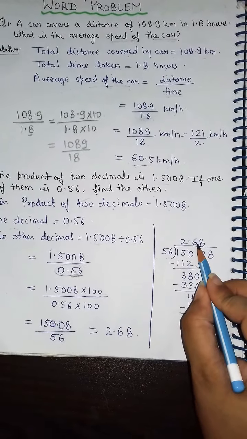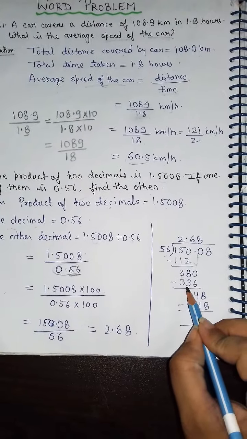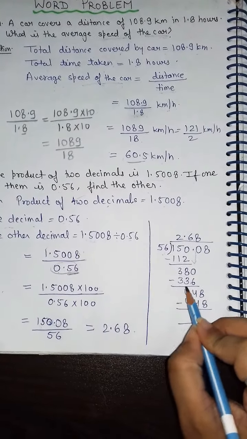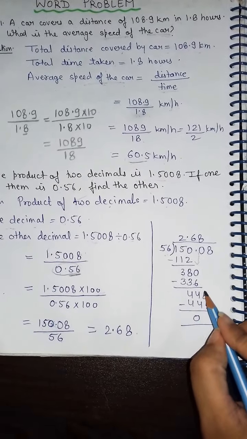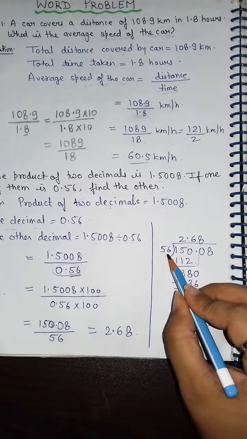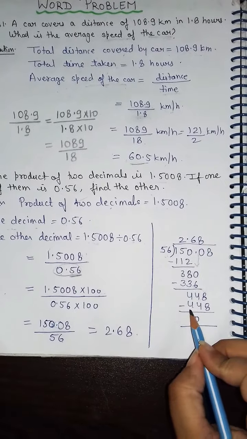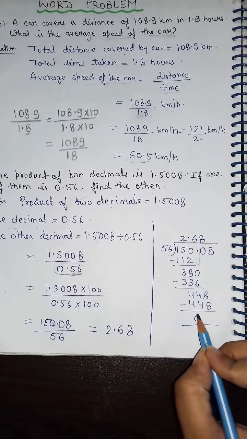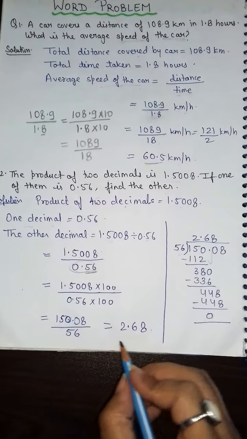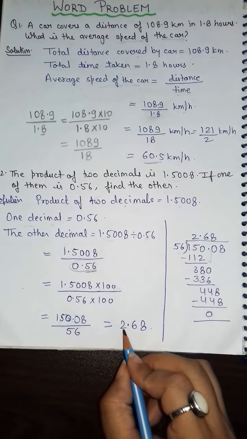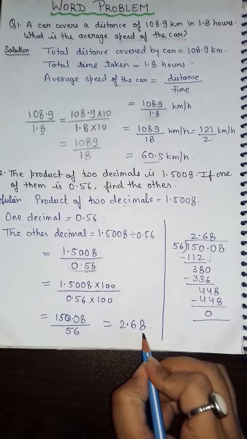Now 56 6s are 336. Subtract. Again remainder 44. Write down 8. 56 8s are 448 and the remainder is 0. Hence the other decimal is 2.68.